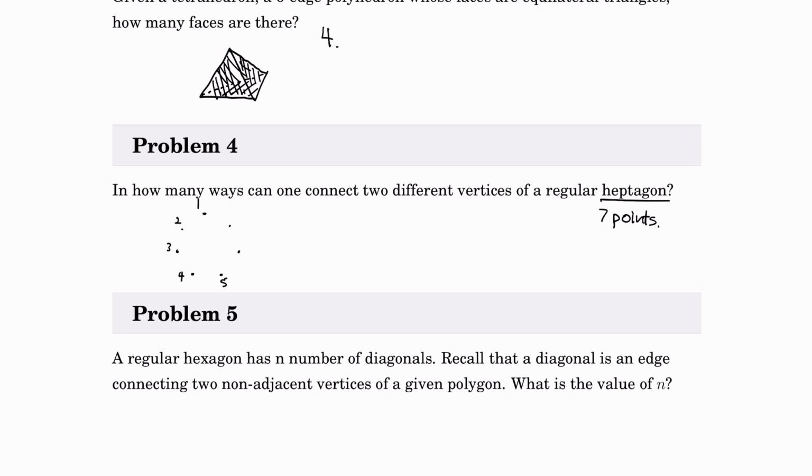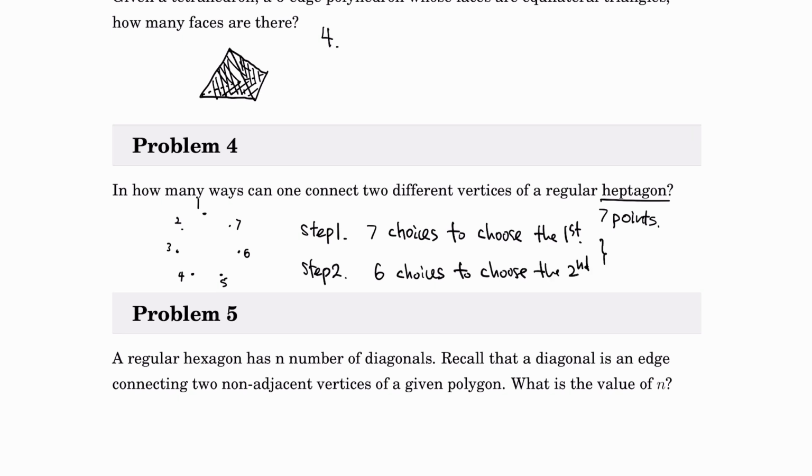As soon as you label such points, we can choose one of the points. So step number 1 would be to choose one of the points. We have 7 choices to choose the first point. And step number 2, there must be 6 choices to choose the second point.